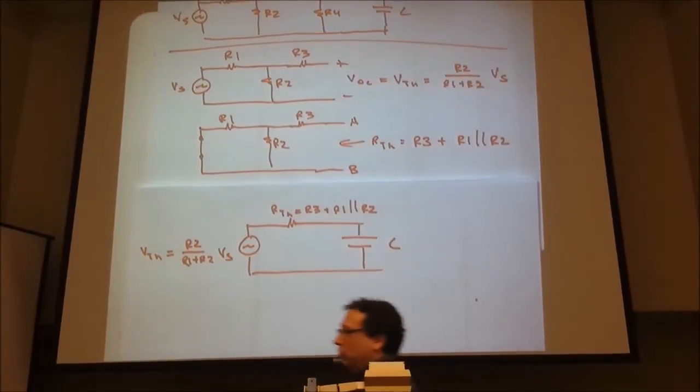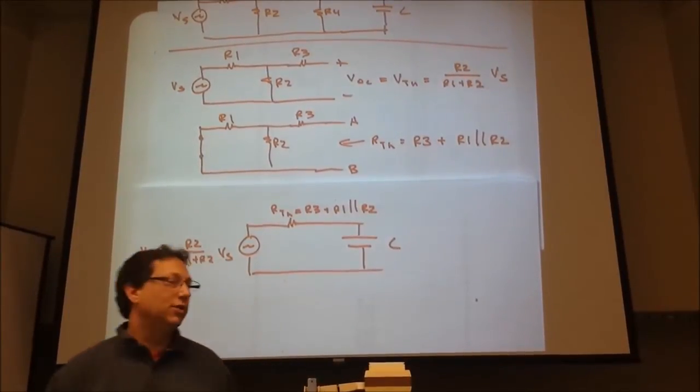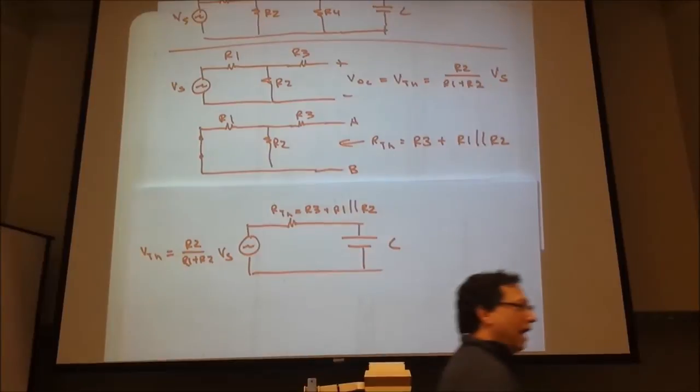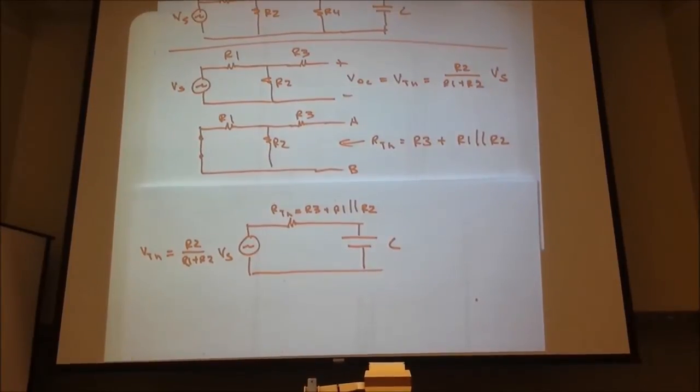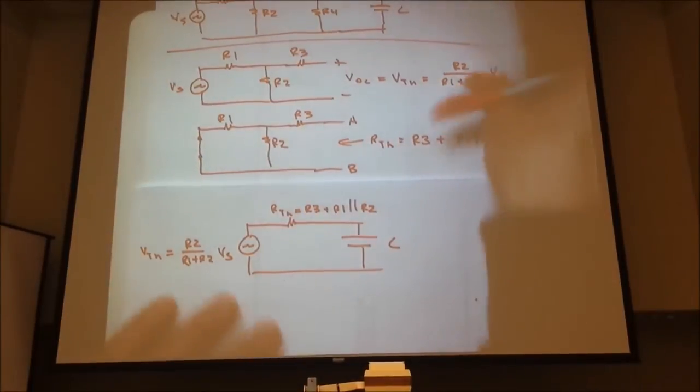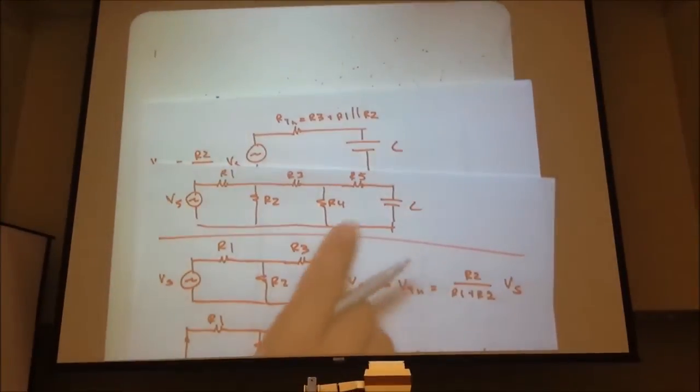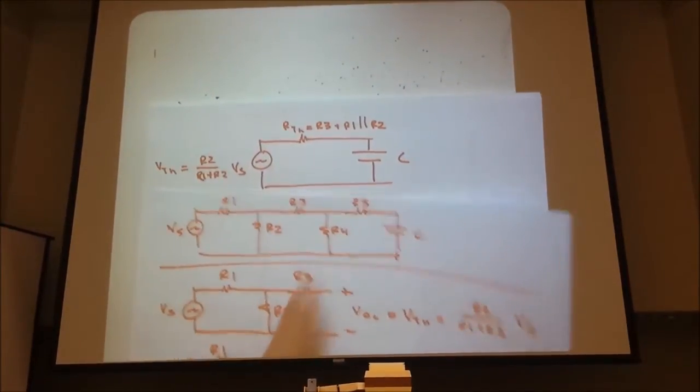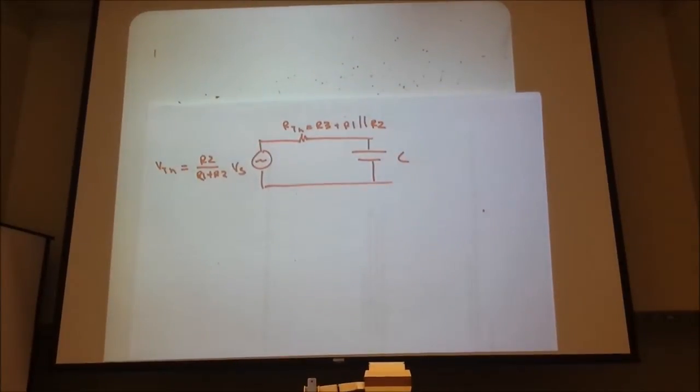So we can use one of our Unit 1 tools to make our life easier. Isn't that good? That's good news. So no matter what type of first order circuit we look at, whether it's something like this or even something more complicated, we can still use our Thevenin analysis to get this simple RC circuit.